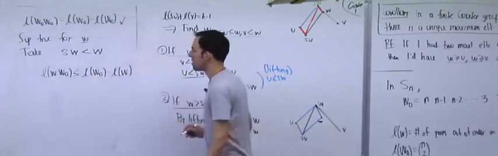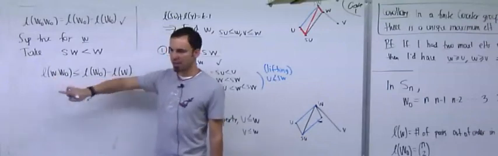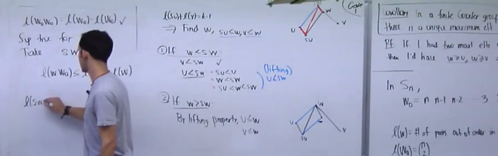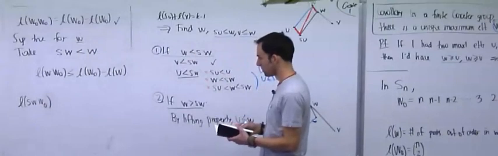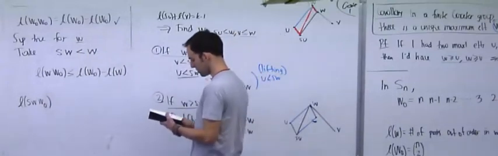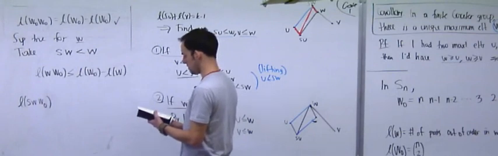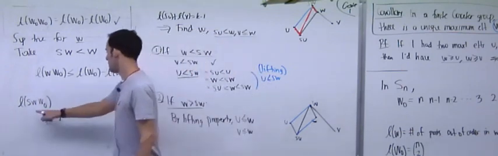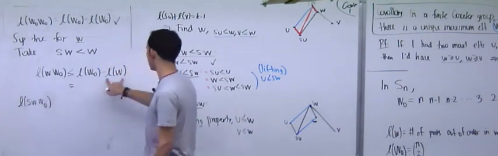Okay. Now I would like to prove the analogous inequality, where instead of W, I have SW. So how do I do this? Well, first of all, what is the length of W?